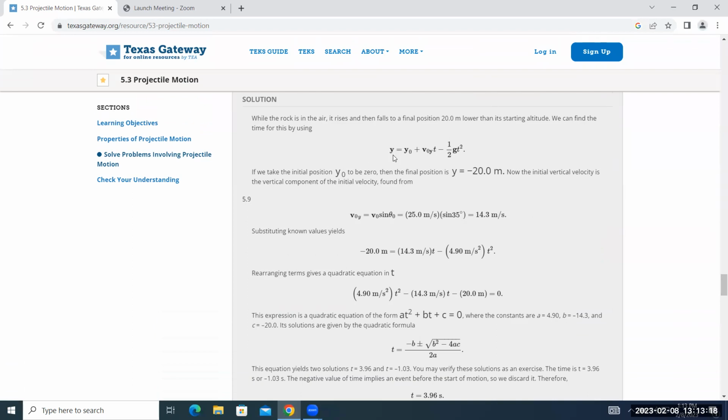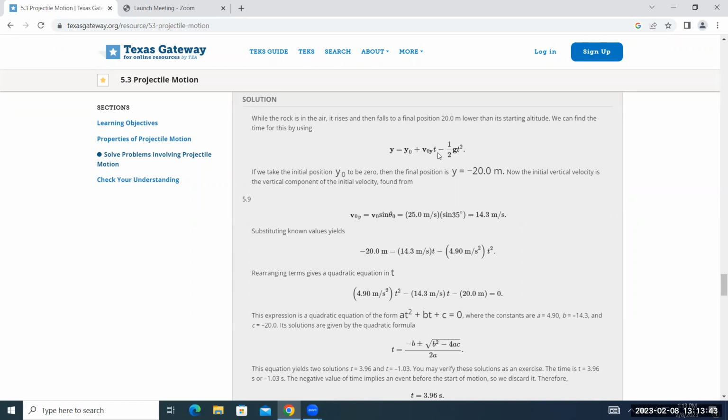Remember, Y without any subscript is going to be our final position. Our Y sub naught is going to be our initial position. Our V sub naught sub Y is going to be our initial velocity in the Y direction. T is going to be the total time it takes to travel this whole distance.